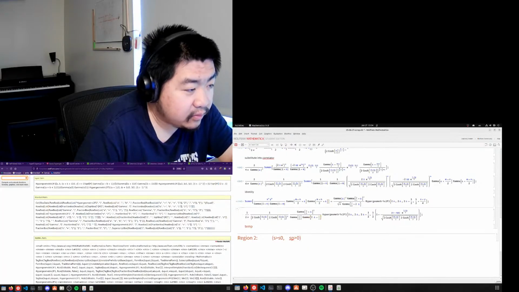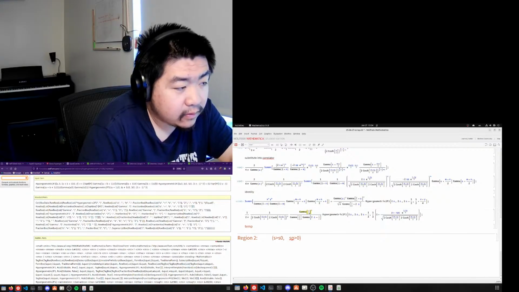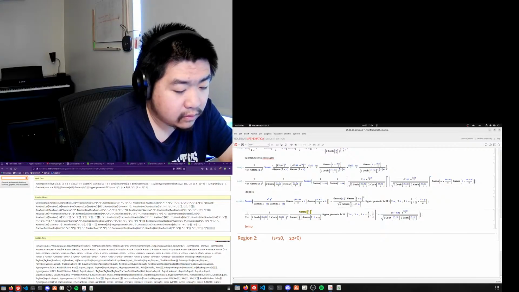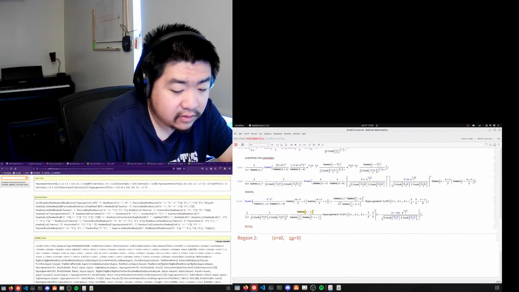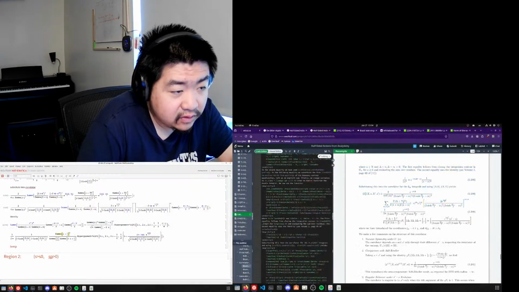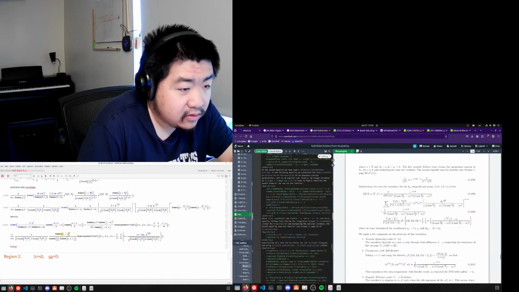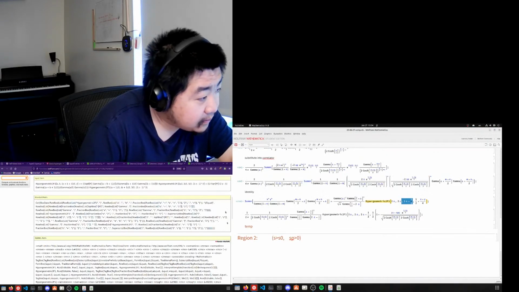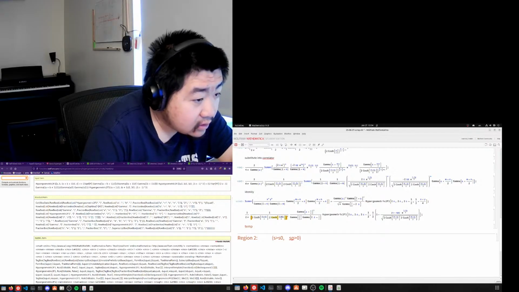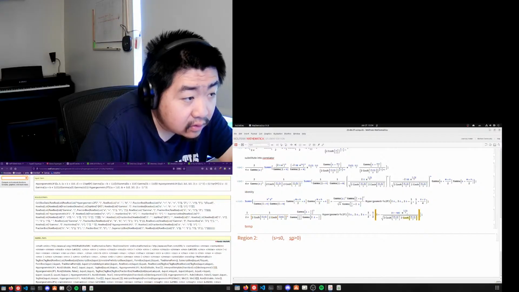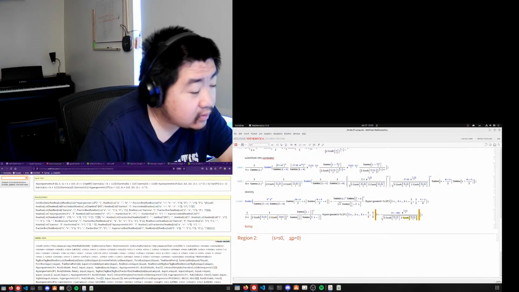Make it look a little prettier. Basically the same thing. So this factor is not here, importantly, and the cinches get transformed to partials. Oh, that's not good. Yeah, this should be.